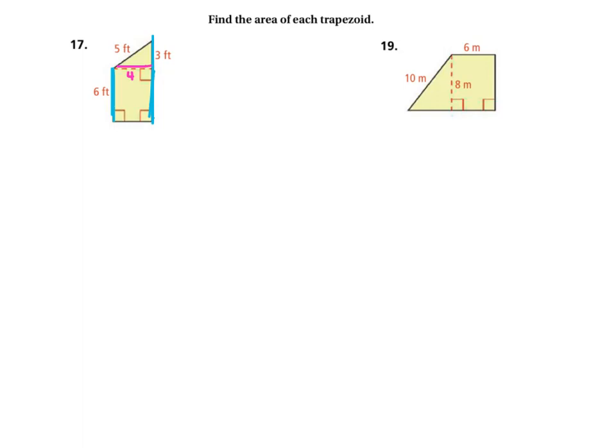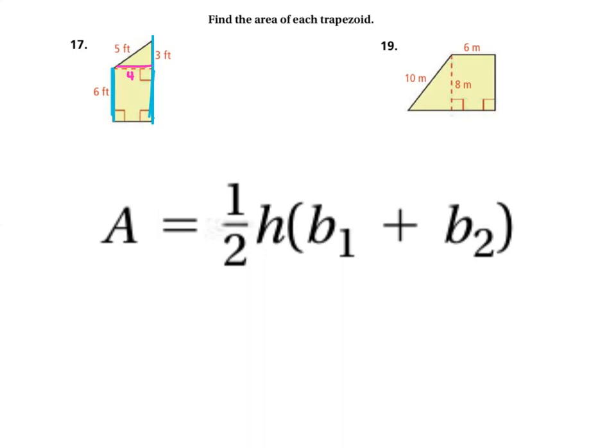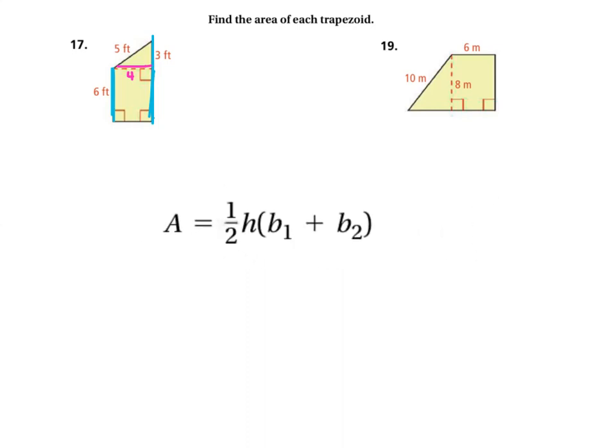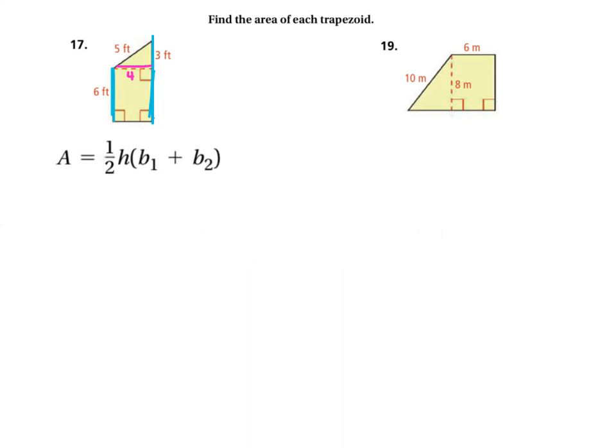Okay, so let's throw in our formula here just to take a look at it. Trapezoids. And let's fill in what we know. We know that the height is 4. We calculated that. The bases are 6 given and 9 figured out from knowing that the opposite side of the rectangle is also 6 plus the 3 from the triangle.